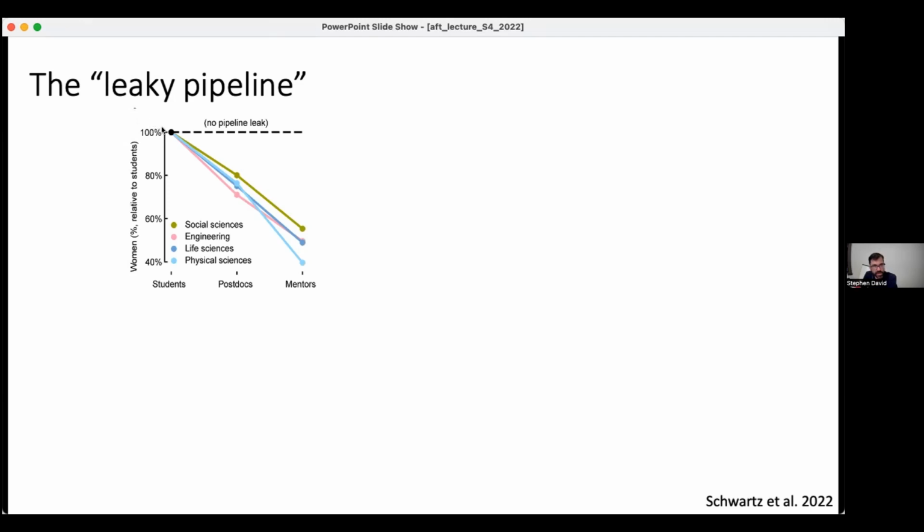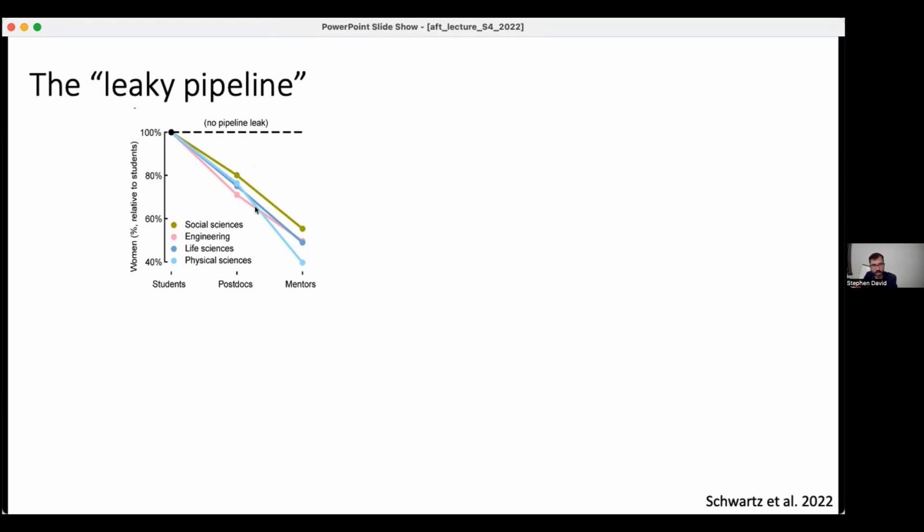But there's this very consistent pattern, and we're actually correcting for something. Typically when people talk about the leaky pipeline, they talk about how many graduate students there are now, how many postdocs there are now, how many faculty there are now. But this is actually including the career trajectory of individuals. If we normalize so that we have a balanced gender ratio among graduate students, we can follow the careers of these students in the mentorship graph.